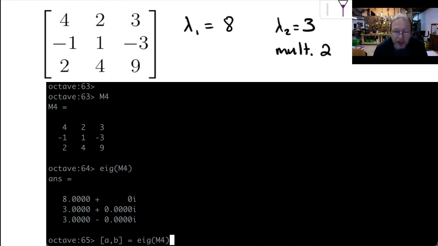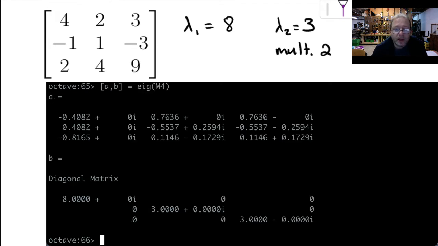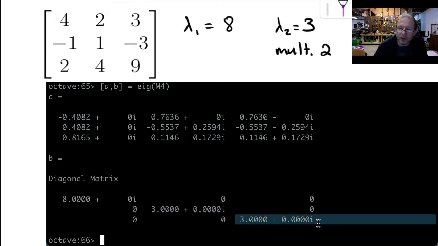If you put in an AB like that to begin with, this will give you the eigenvalues and eigenvectors. The eigenvalues are given to you down here as this diagonal matrix, it puts the eigenvalues along the main diagonal, and up here it gives you the eigenvectors that go with them.